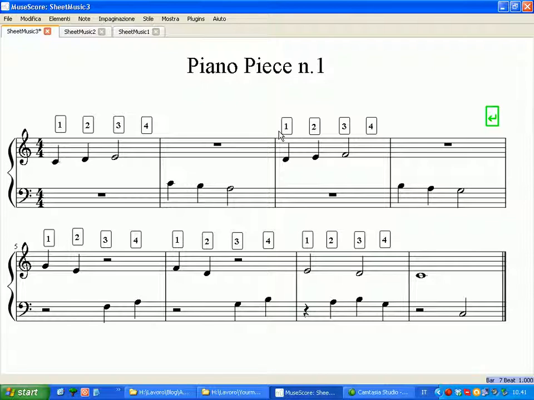So every time we are going to read a piano sheet music, we always have to consider this vertical correspondence, and this is the key point of reading a piano sheet music and reading both hands.